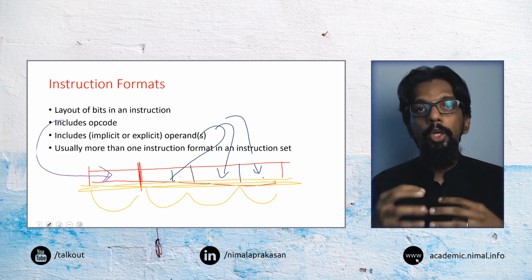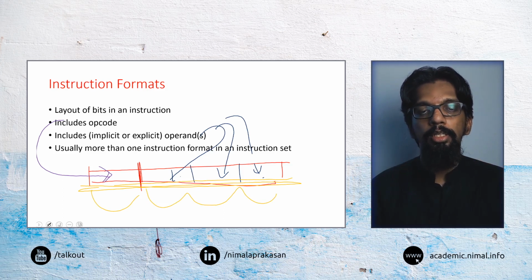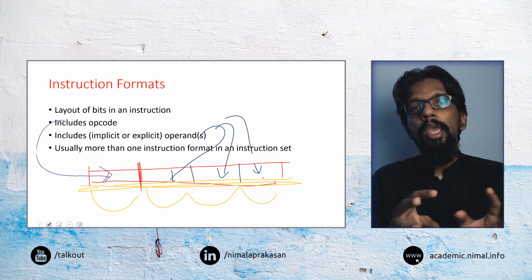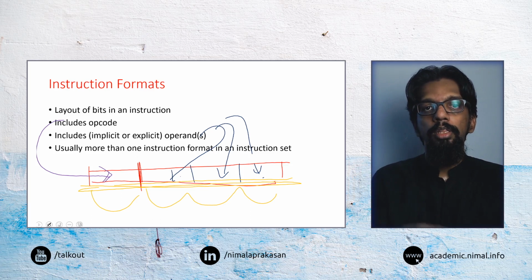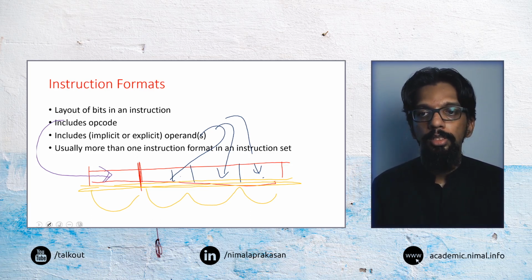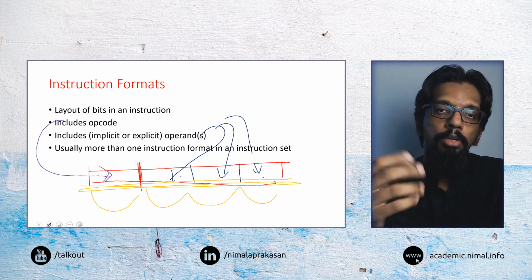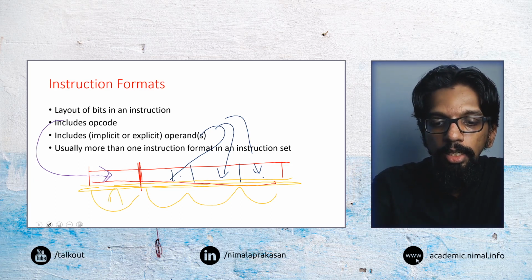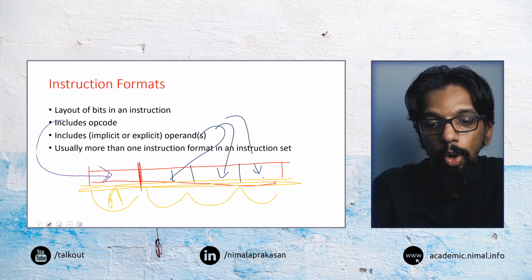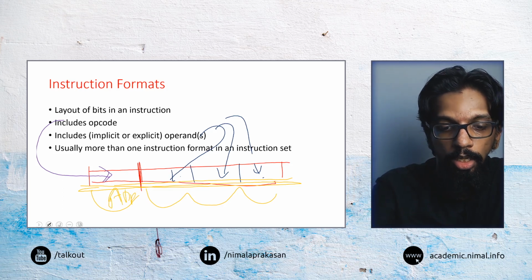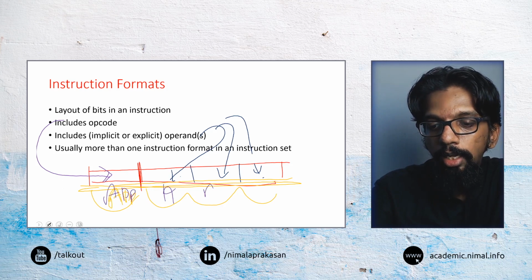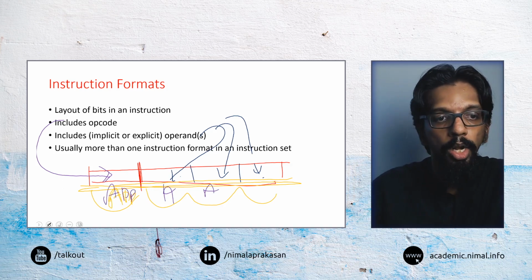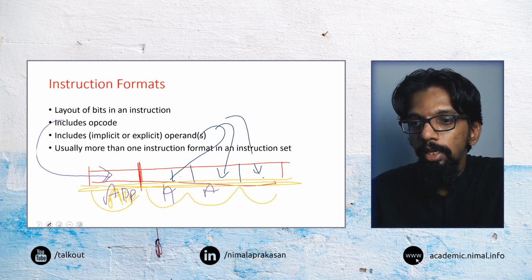And within a particular instruction set architecture, we may have different instructions that follow different formats. So for example, if we think about an addition instruction, we need at least the opcode add and at least two operands saying what the input values are.